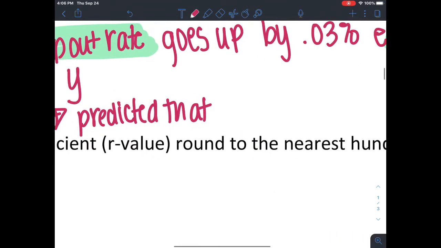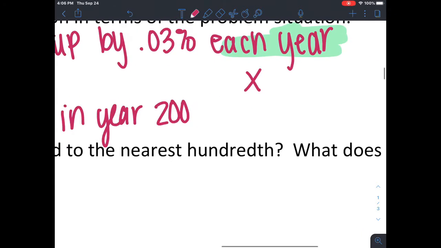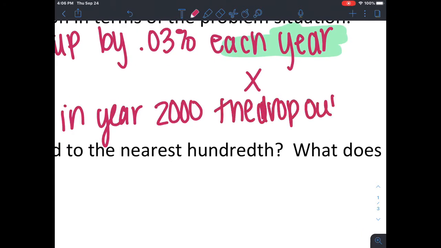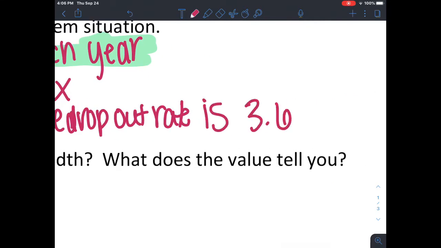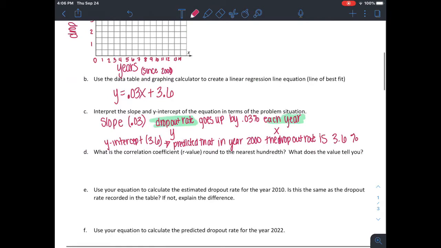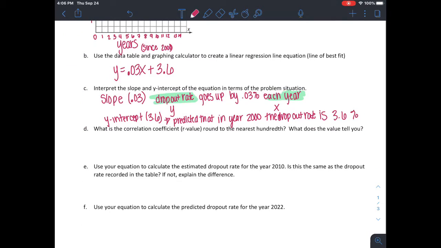So predicted that in year 2000, the dropout rate is 3.6%. What is the correlation coefficient, or your R value, rounded to the nearest hundredth?